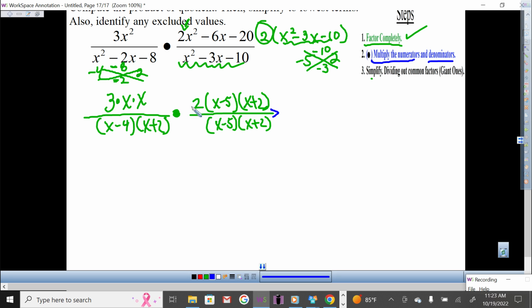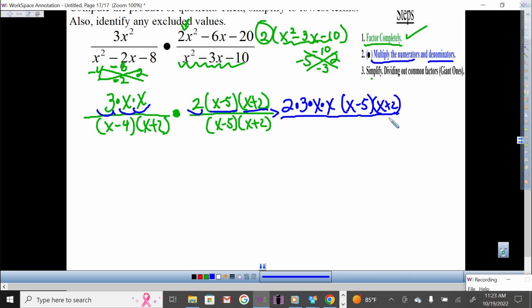Here we go. 2 times what? 3, so I'm going to write 2 times 3. What else? X times x. Now I go with my binomials. X minus 5, x plus 2.